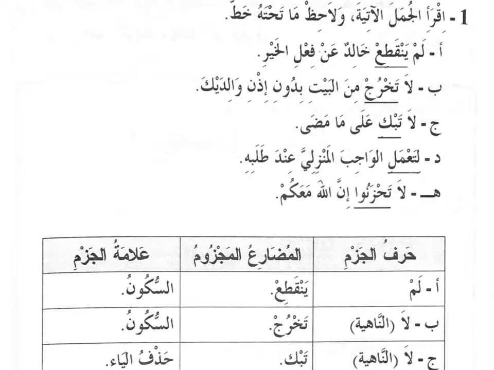But when we add lam, what will happen to the fi'l? As you can see in the table, the fi'l mudari' is now in the state of majzoom. When a fi'l mudari' is majzoom, the alamat of jazm is as-sukun. So we end it with a sukun and we read lam yanqati'.